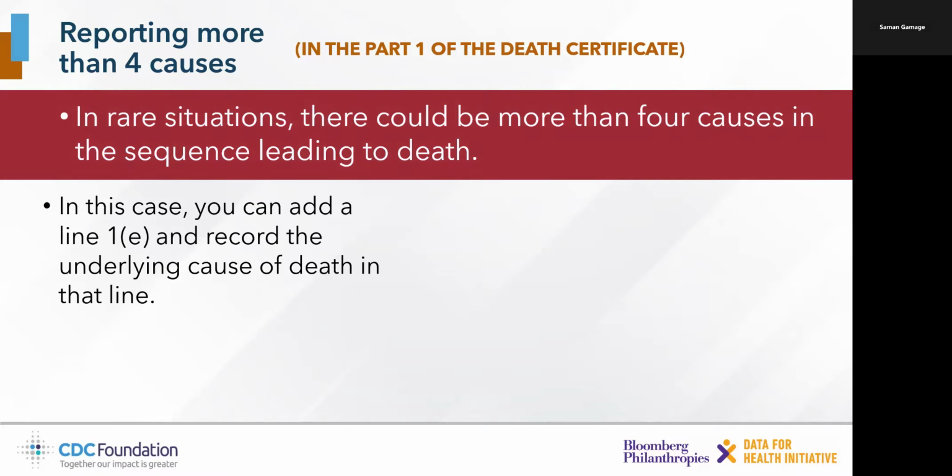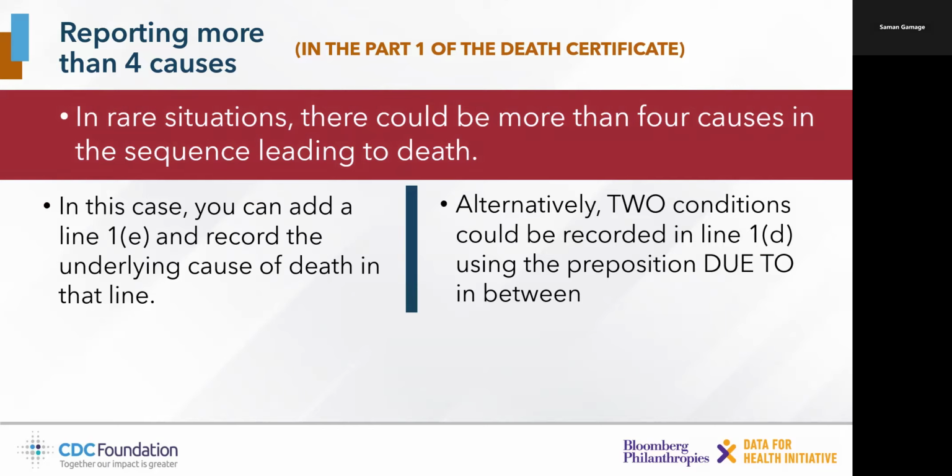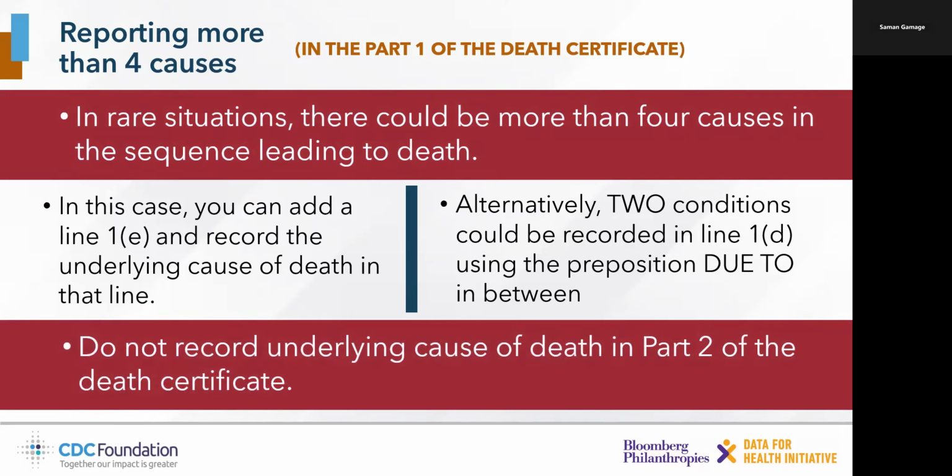In this case, you can add a line 1E and record the underlying cause of death in that line. So this is one of the options. Alternatively, 2 conditions could be recorded in line 1D using the preposition "due to" in between. However, do not record the underlying cause of death in part 2 of the death certificate, which is not correct.